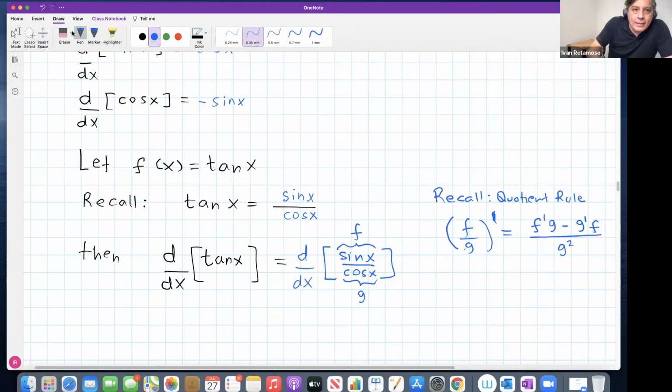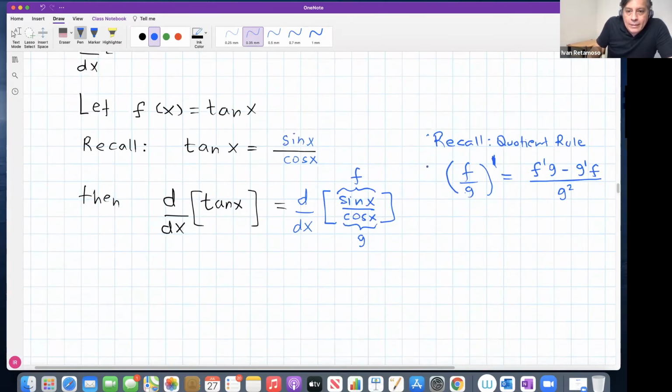If in your textbook or somewhere else you see this term first and this one following, it doesn't matter because multiplication is commutative, so it still works. I just try to get the derivatives first. Recalling this on the side, this derivative is supposed to be equal to what? The derivative of the function f, the derivative of sine, is just cosine of x, times the other function as it is, cosine of x.